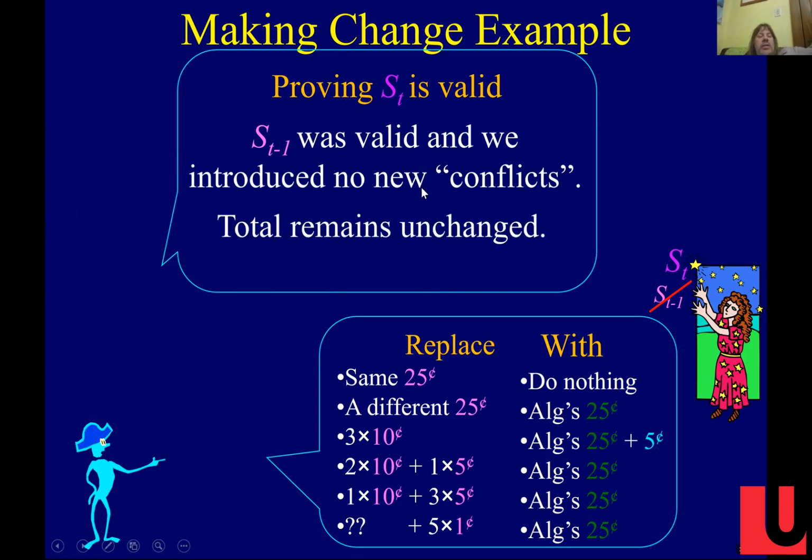What do we mean by that? You have to go back and read your question on the test and ask what valid means. Valid means that it adds up to 92 cents. And we see, yes, indeed, the amount we dropped and the amount we replaced with are equal. So if it did add up to 92 cents, it still does.